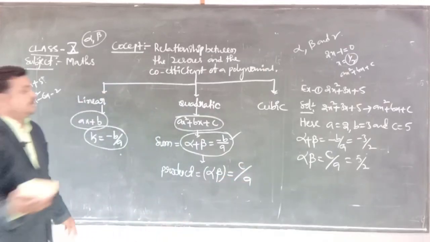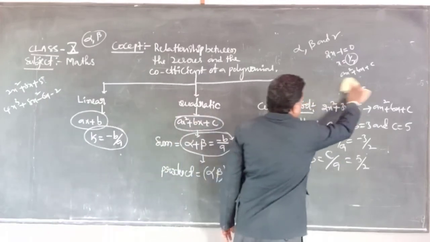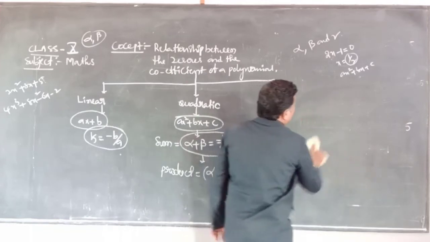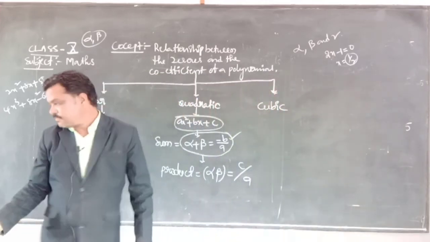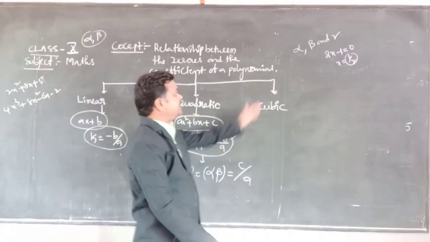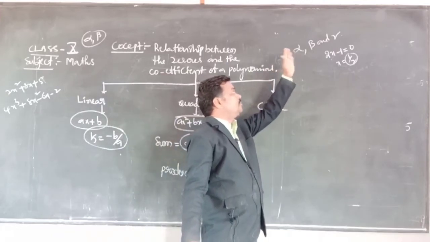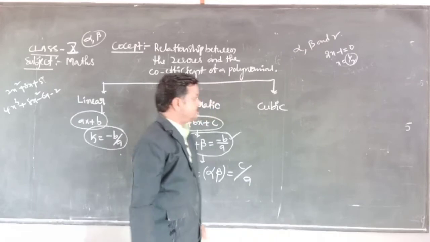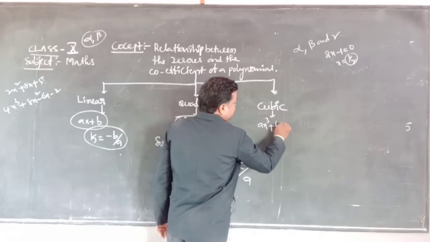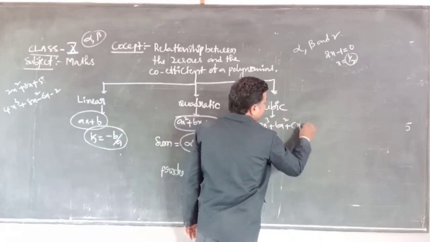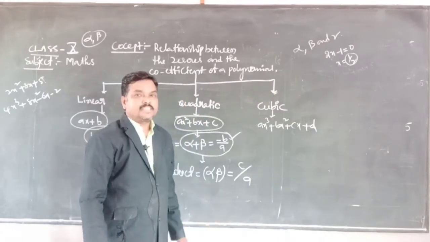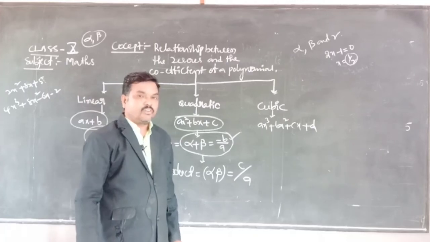Next, the cubic polynomial. Every cubic polynomial has 3 zeros. That's why we take the zeros of a cubic polynomial as alpha, beta and gamma. The general form of a cubic polynomial is ax cube plus bx square plus cx plus d. Now the relationship between zeros and coefficients.